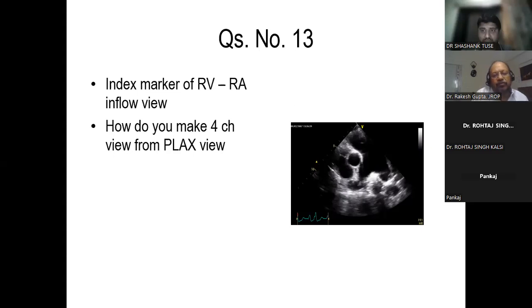Correct. So from where will you take the transducer? Sir, in the third intercostal space, index marker at 11 o'clock position. So first we'll make the parasternal long axis window, and then you tilt so the footprint starts looking toward the mediastinum.